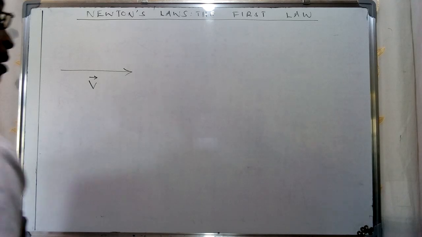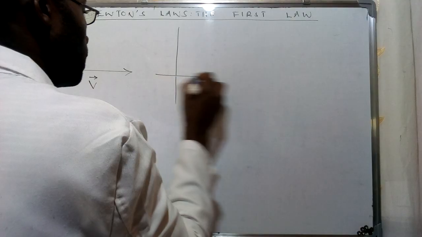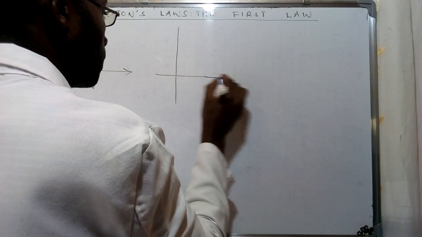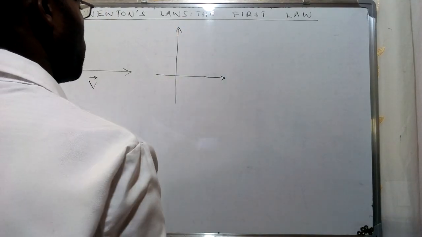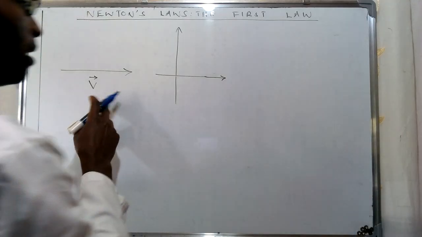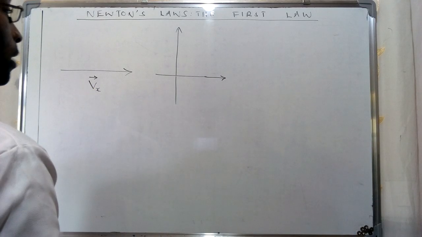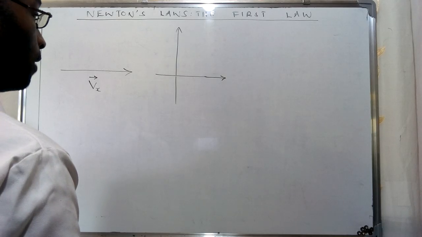So I'm going to consider this specific vector with another vector, which can be given in terms of this particular representation. So the first vector is going to be given as a quantity in terms of magnitude and direction. So perhaps we can consider giving the direction of this specific vector as such.